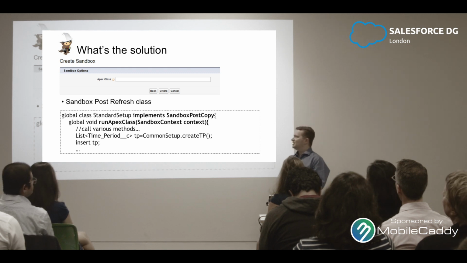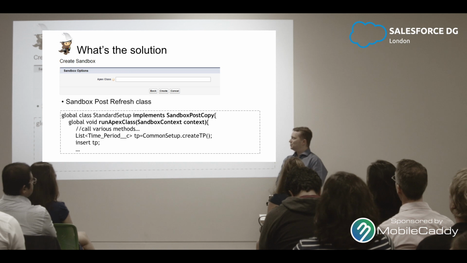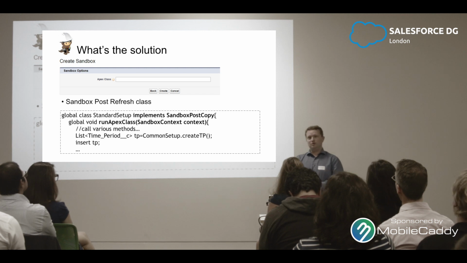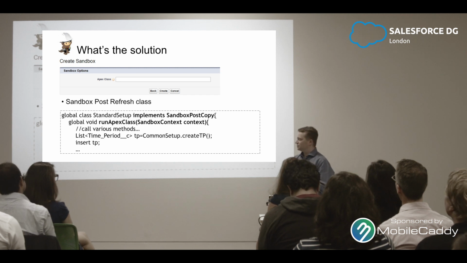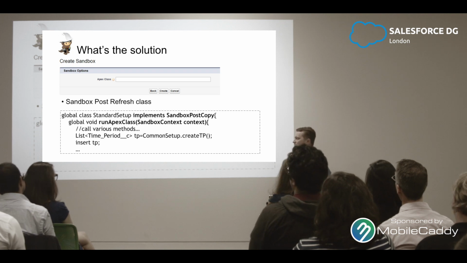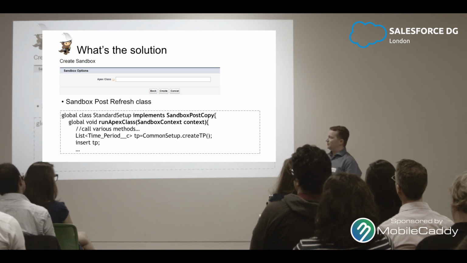It implements an interface, SandboxPostCopy. It has a single method, runApexClass, which essentially allows us to run Apex within the context of our refresh or creation of the sandbox. Within this method we can call various other methods, and this is essentially the pattern that I adopted here.